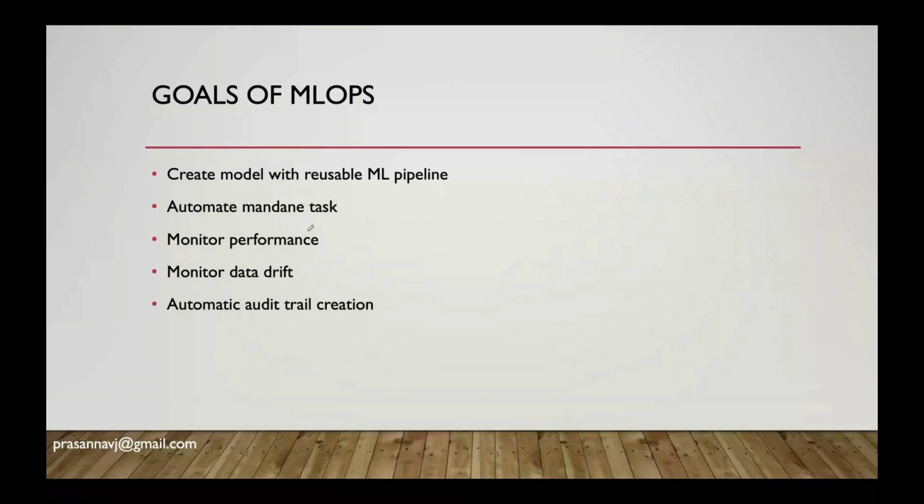So there are multiple hats MLOps wears, depending on what kind of problem it is trying to solve. We will see a certain set of problems in today's session on how MLOps can help you solve them.